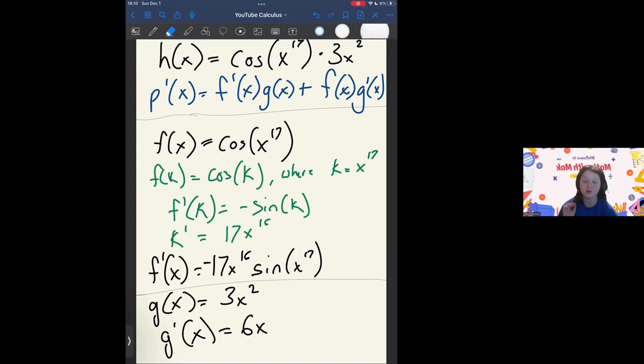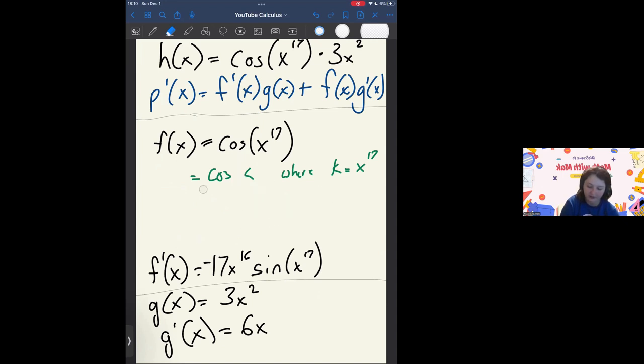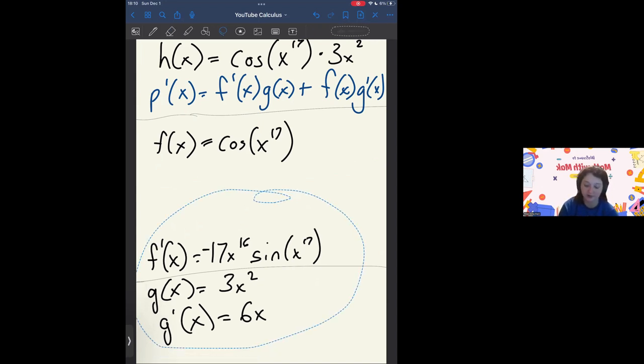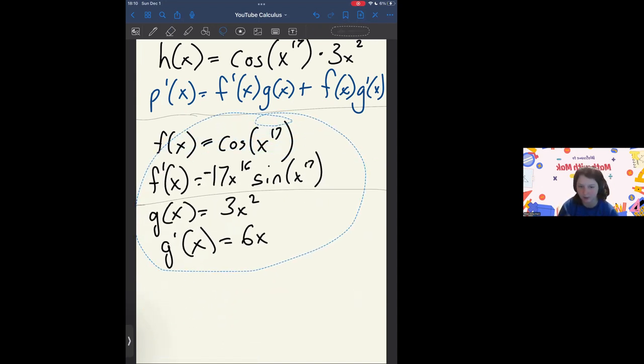So now, of course, show your work every time that you do this, but just to make room for the point of following through on this problem, I'm going to erase my chain rule work. And that's just to make sure that you guys can see what I'm doing as I do it. If I were writing on paper or doing this for myself, I would just get out a new piece of paper.